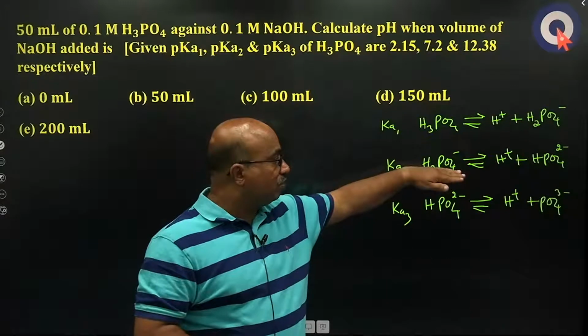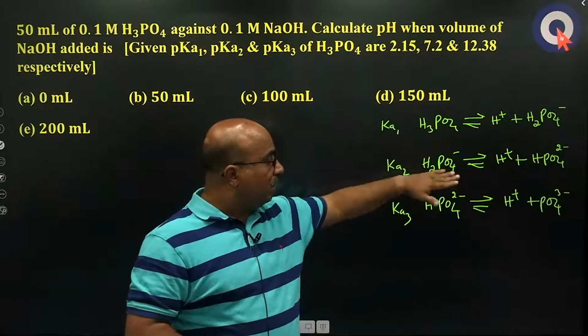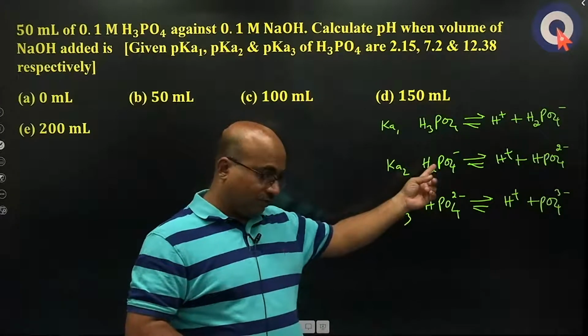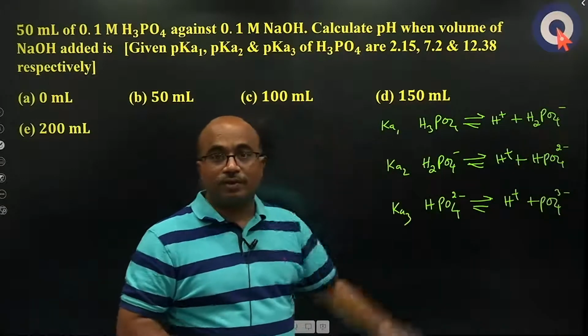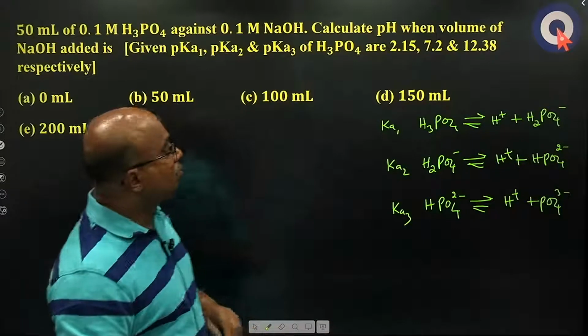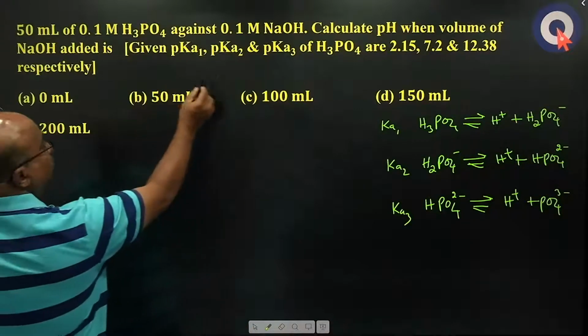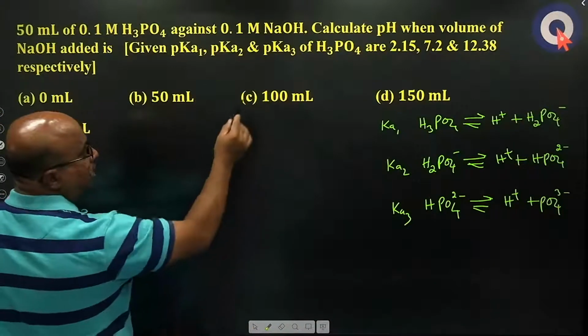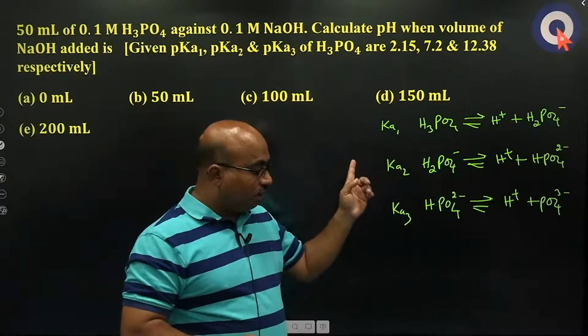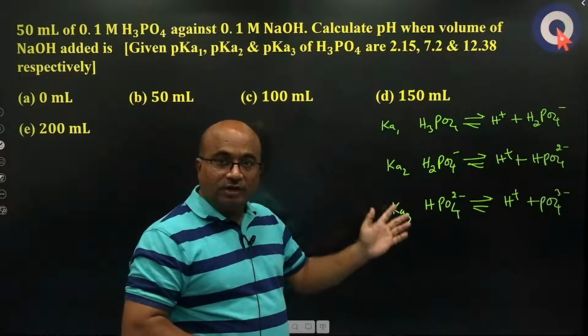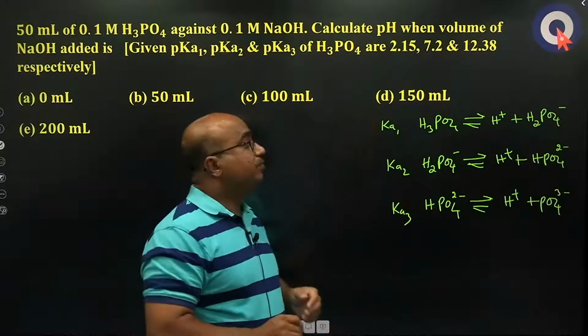So the degree of dissociation of this is less than this, and this is less than this. So the Ka values will continuously decrease, which means pKa1, pKa2, pKa3 values are always increasing, because as the Ka value decreases, the pKa value increases.